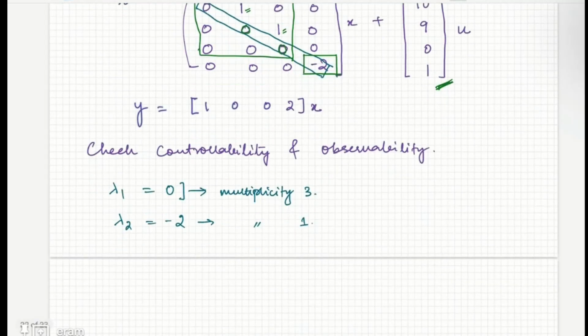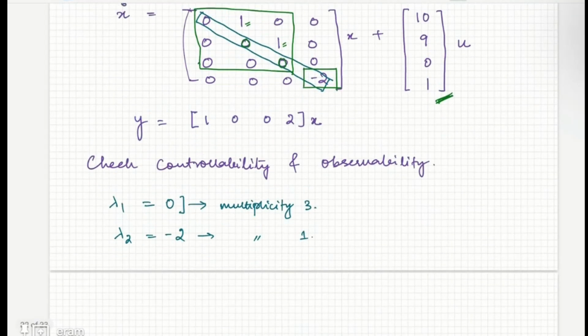Okay, so now we have two Jordan blocks. The first Jordan block is this, and the other Jordan block is this. Now the first Jordan block's last entry is this one.